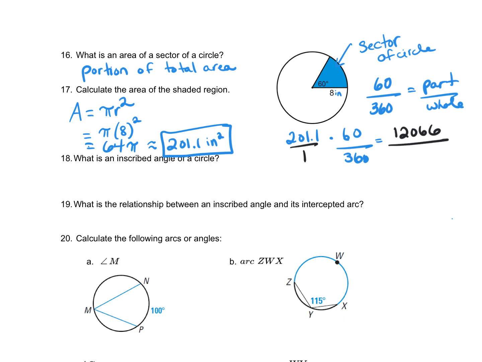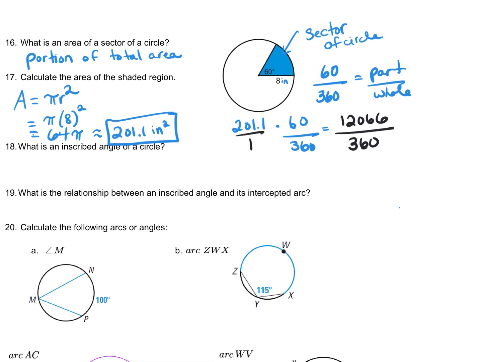And of course 1 times 360 is 360. So to take that 12,066, I'm then going to divide it by the total number of degrees, 360, and I get 33.5 inches squared.